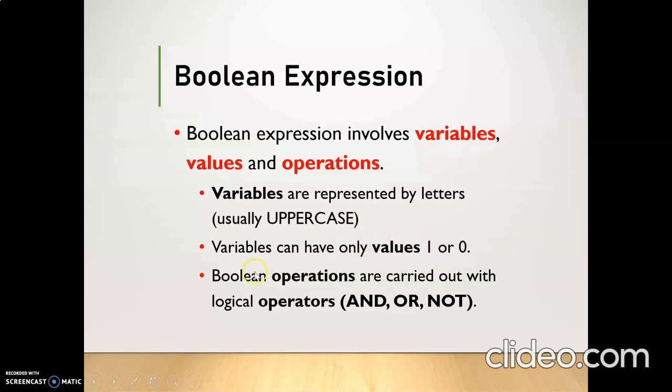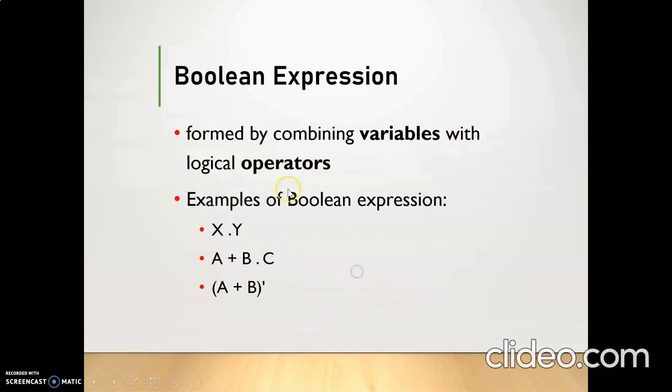Boolean operations are carried out with logical operators, of which we have only 3: and, or, not. Meaning we do not have minus, and we do not have multiplication. So we have only 3 operators in Boolean expression or Boolean algebra, which are and, or, not.